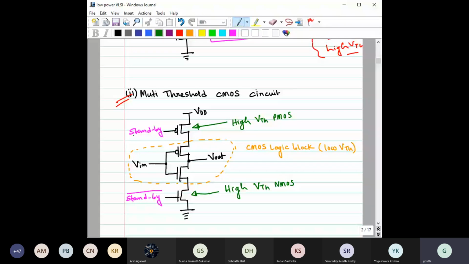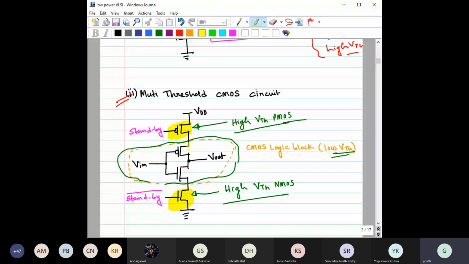One type has a high threshold voltage, the two sleep transistors, and the other transistors, which implement the logic operation, we keep inside and keep their threshold voltage as low as possible. We also commented on the width of these two transistors, because we want the on resistance of these two devices to be as low as possible.